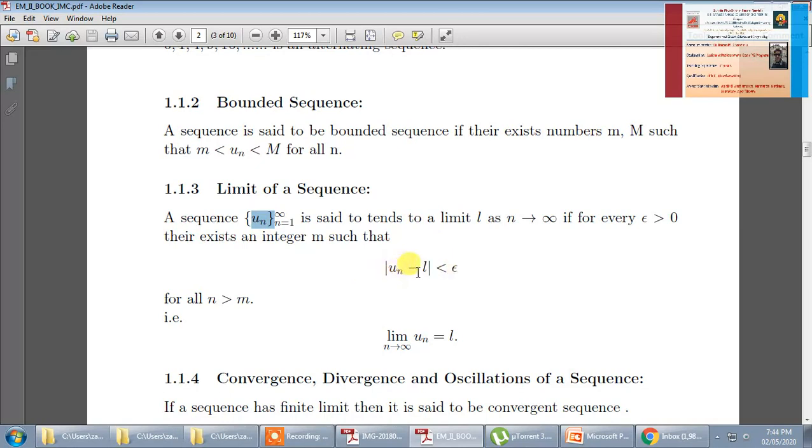So |u1 - L| should be less than epsilon, |u2 - L| should be less than epsilon. So this should happen for all n greater than m.